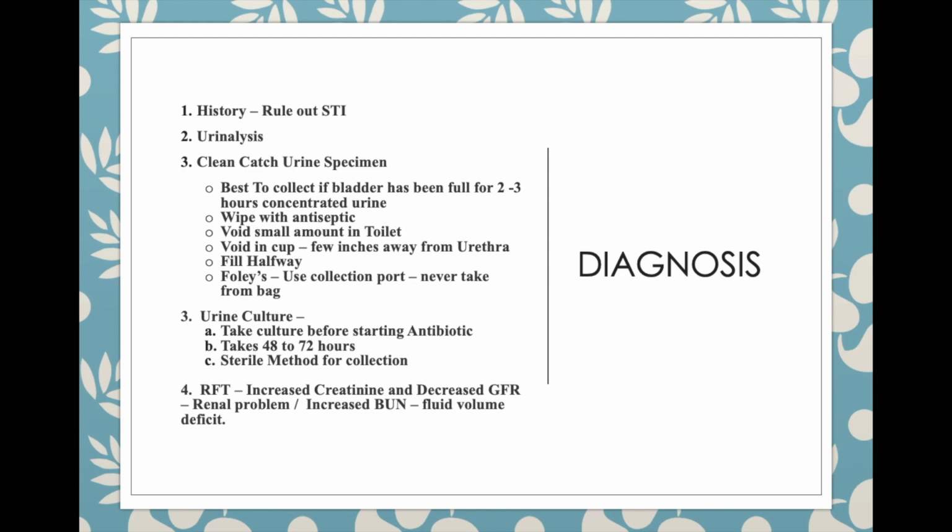So when you're diagnosing a patient for a UTI, you always want to get their history, especially ruling out STIs, because some of the STIs are going to have the same signs and symptoms as UTIs. So you always want to have a good history on the patient.